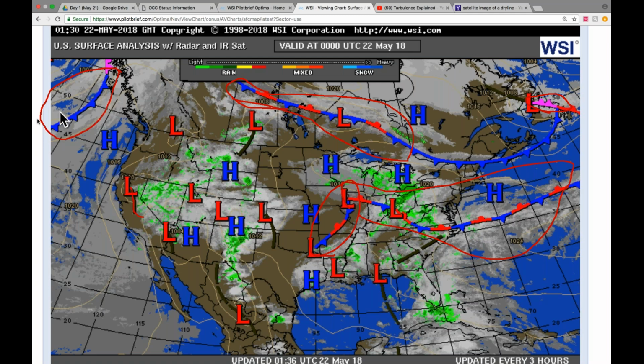What kind of weather do we associate with cold fronts? So we want to take a stab? Like thunderstorms and rain and hail and stuff like that.